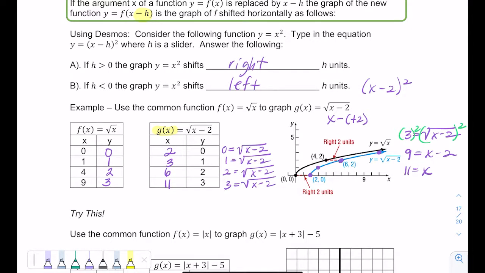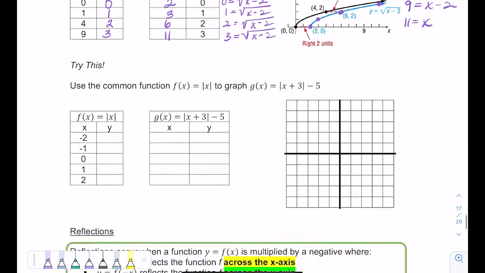So think of the parentheses or the square root as like, you know, a jail, and you're in jail because you did the opposite of what you should have done, okay? So it's not really a negative 2, it's really a positive 2. So h is greater than 0 in this case, and it's going to move to the right, okay?